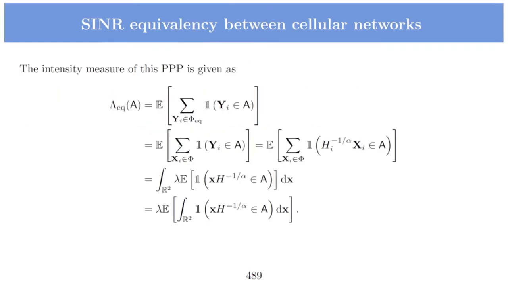So we can apply the same method we have used in the past to calculate the density of the displaced PPP. One thing you can notice, we are only scaling the xi distance to get yi. So if the original point process is stationary, the new point process should also be stationary, because this displacement does not depend on location.